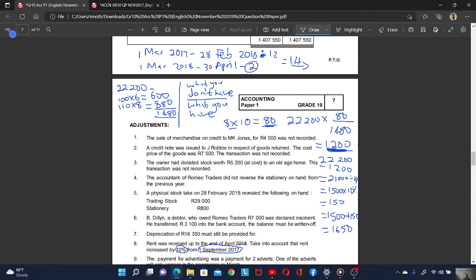This is the rent with the increment. But know that we have 2 months in advance, so we need to subtract them. So we have to say 1,650 times 2, because we have 2 months in advance.